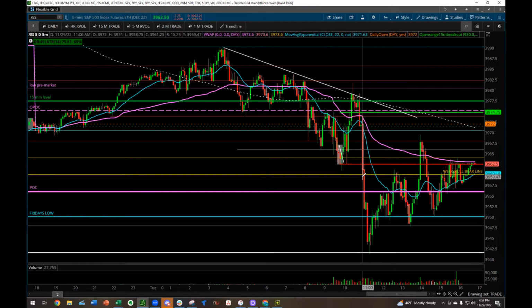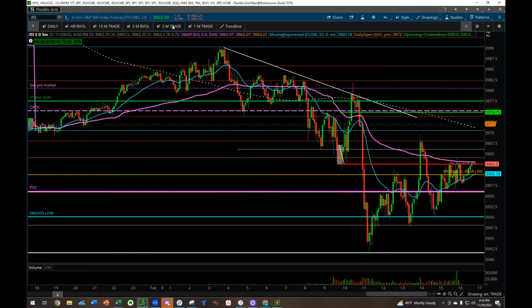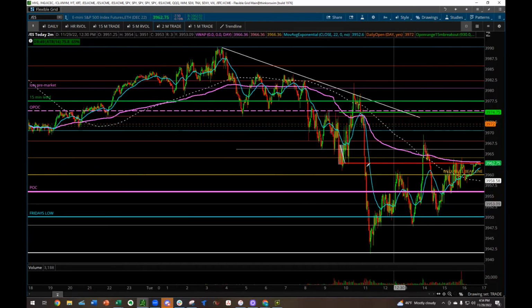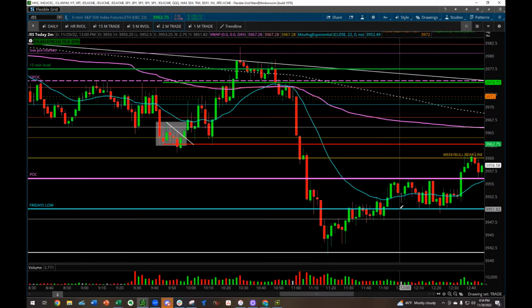With this one, there was pretty decent action. Let me go back to the 2-minute chart. If you break it down a little bit more, we can get a better perspective. It's the same philosophy: you've got a big bar, you've got a big bar.